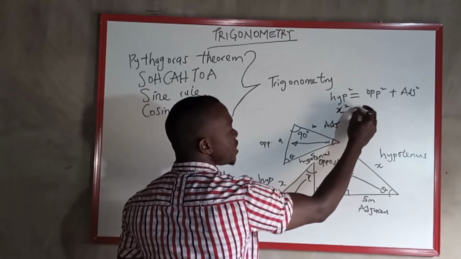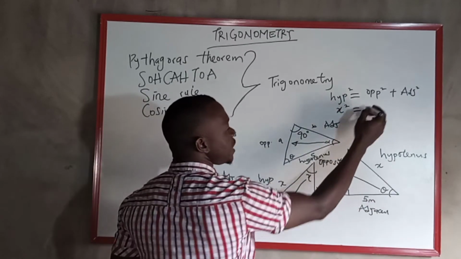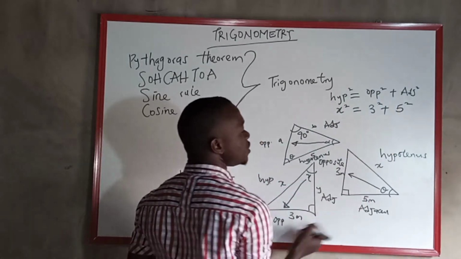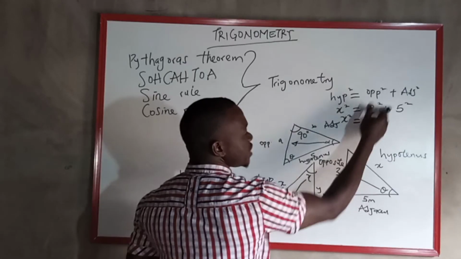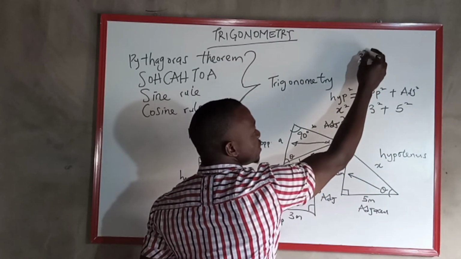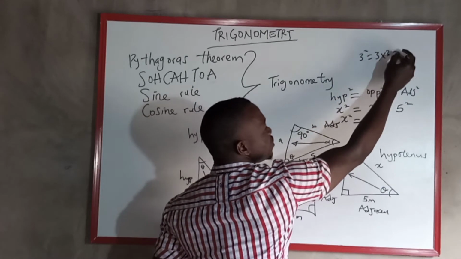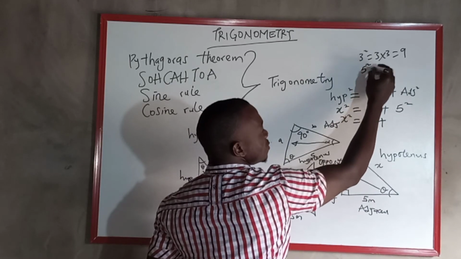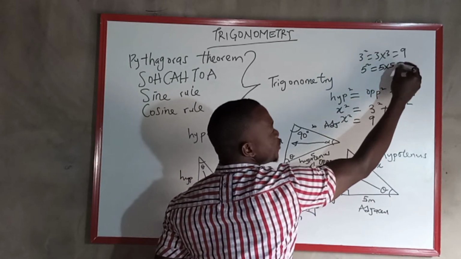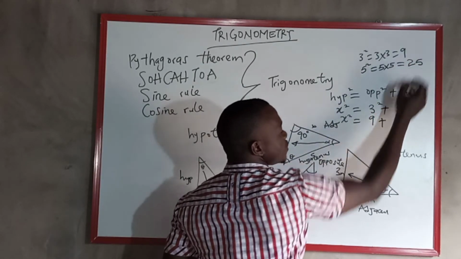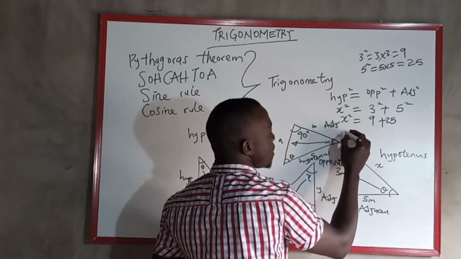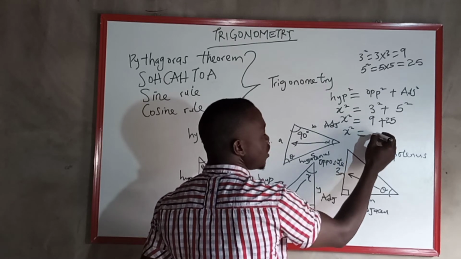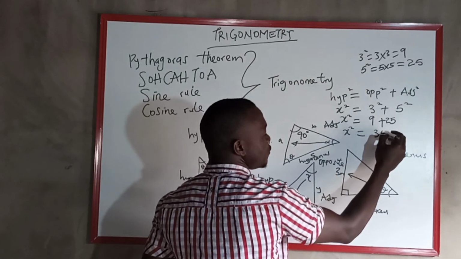So x squared is equal to, our opposite is 3 meters, so we have 3 squared, and our adjacent is 5 meters, so 5 squared. 3 squared is 3 times 3, which is 9. 5 squared is 5 times 5, which is 25. So x squared is equal to 9 plus 25, which gives us 34.